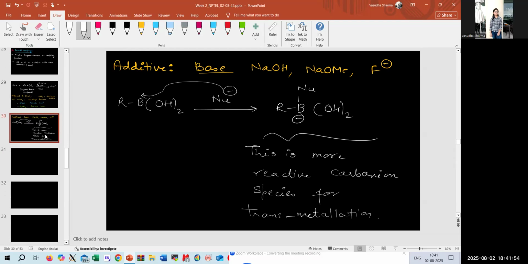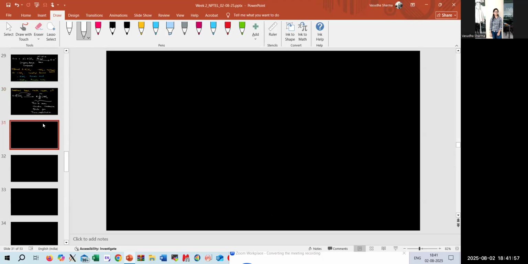So this is the role of the base and this boron partner.